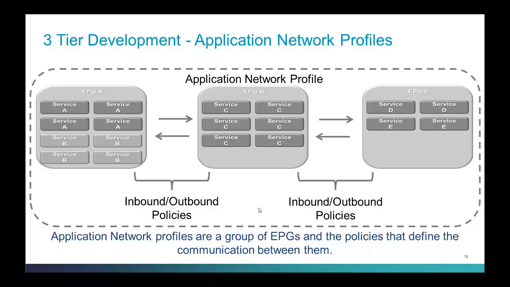So as part of a contract between EPG-A and EPG-B, we would have to allow for those two ports to be open. So that's one very simplistic example, just so you get the concept. Obviously, within a contract, you could have multiple ports that need to be open, but this is just really to explain the concepts.